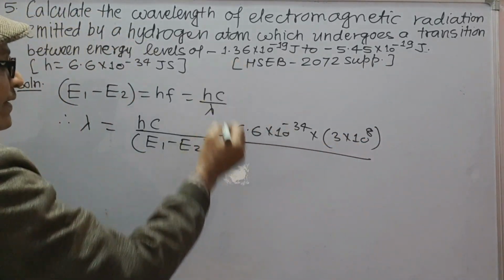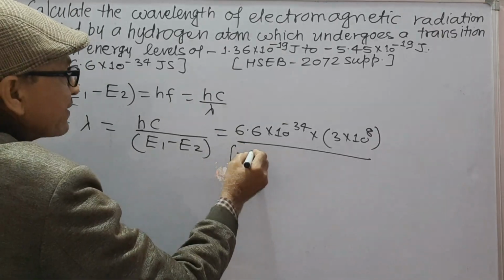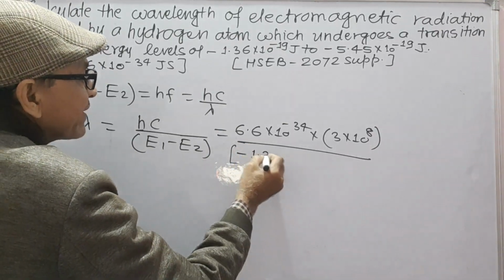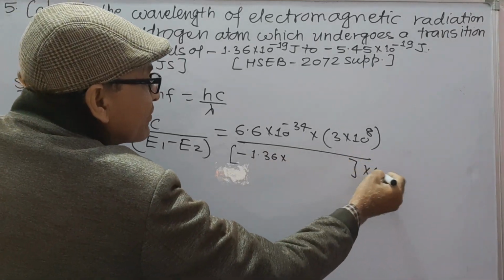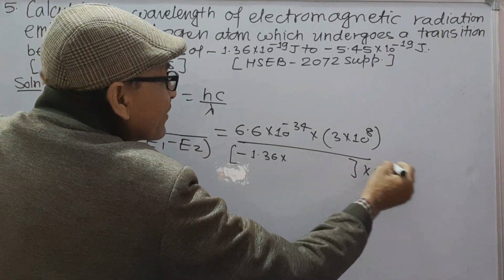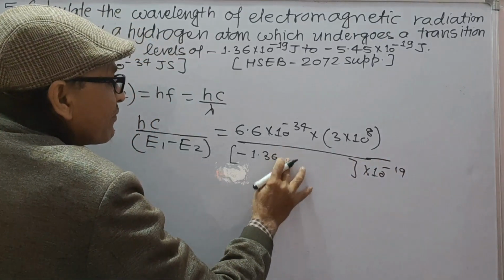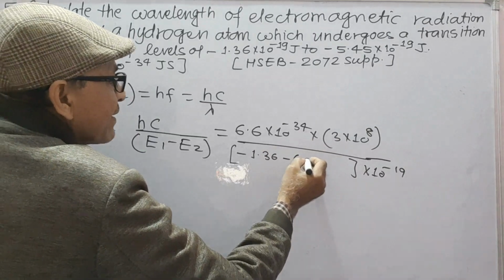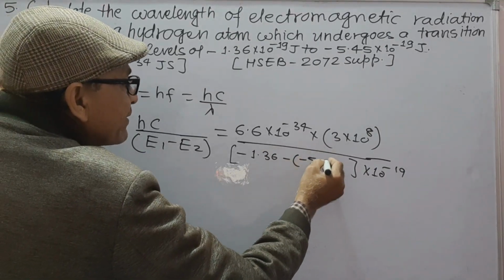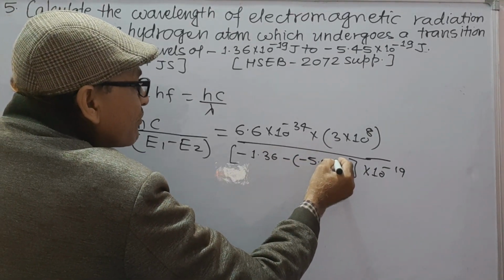E1 is minus 1.36 into 10 to minus 19, which is common to both, so we can take it common, minus this one, minus 5.45.